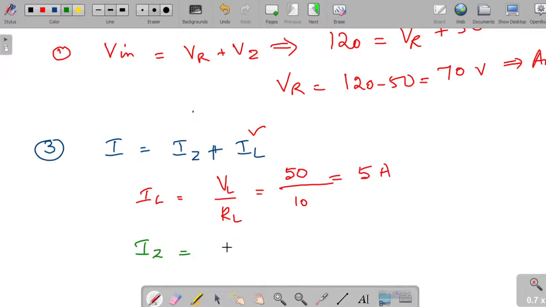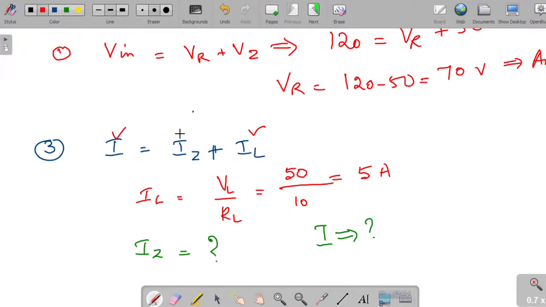Okay, IZ is actually the value which is to be found out. So before that, if you know this I, then only we can calculate this IZ. If IL and I are known, then we can calculate IZ.